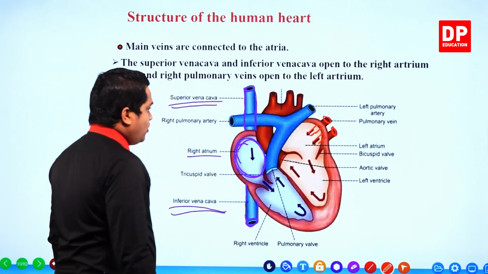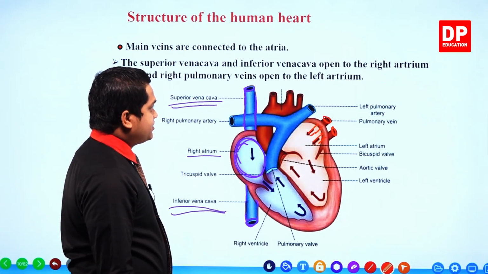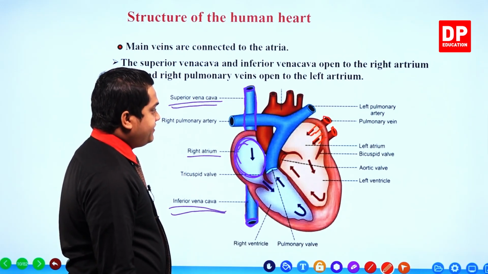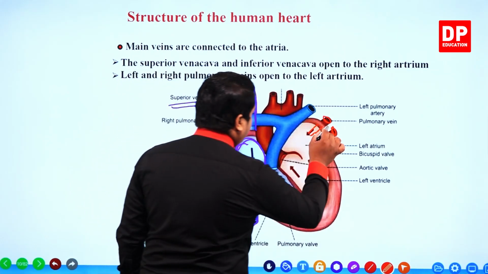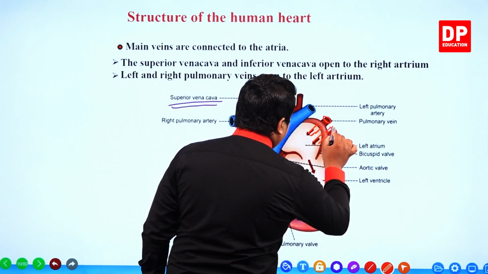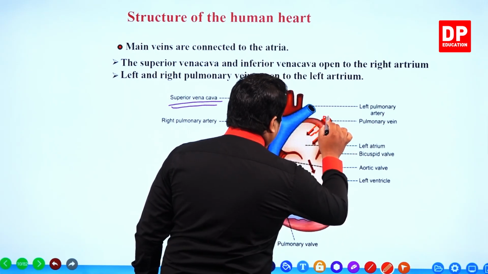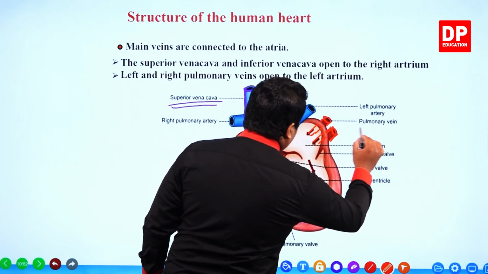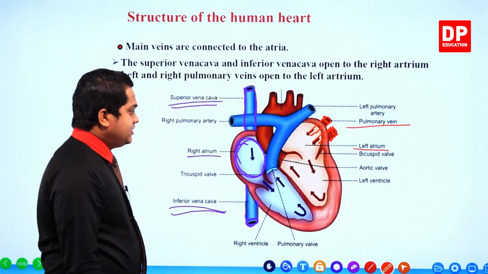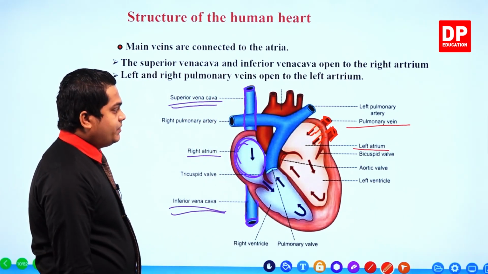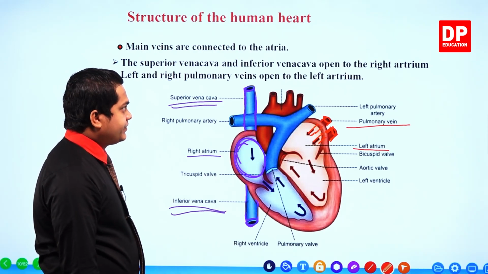These two open to the left atrium, right? So the pulmonary veins open to the left atrium.